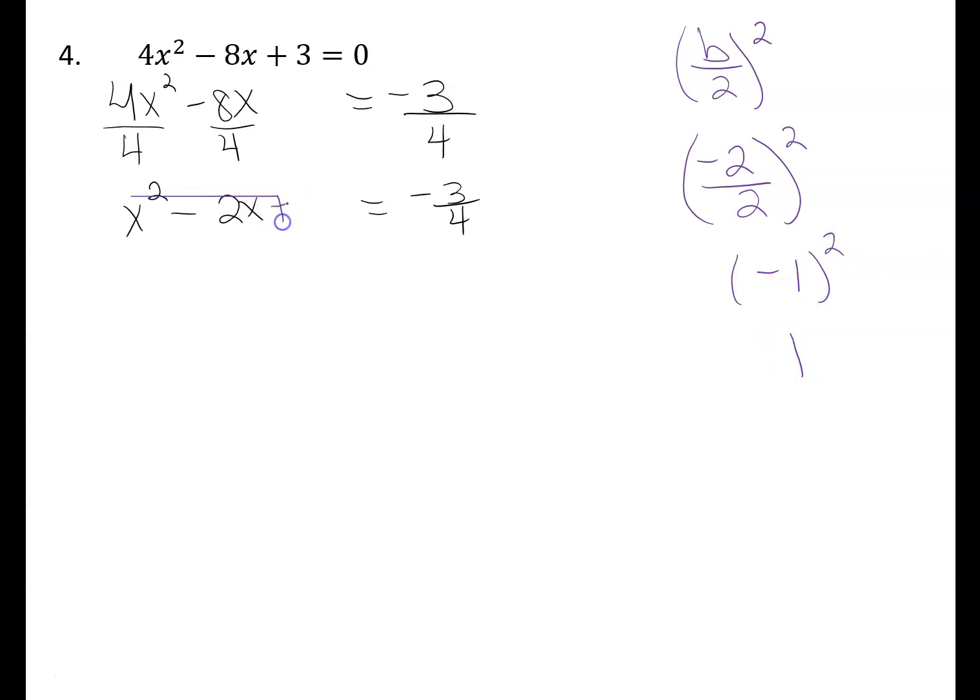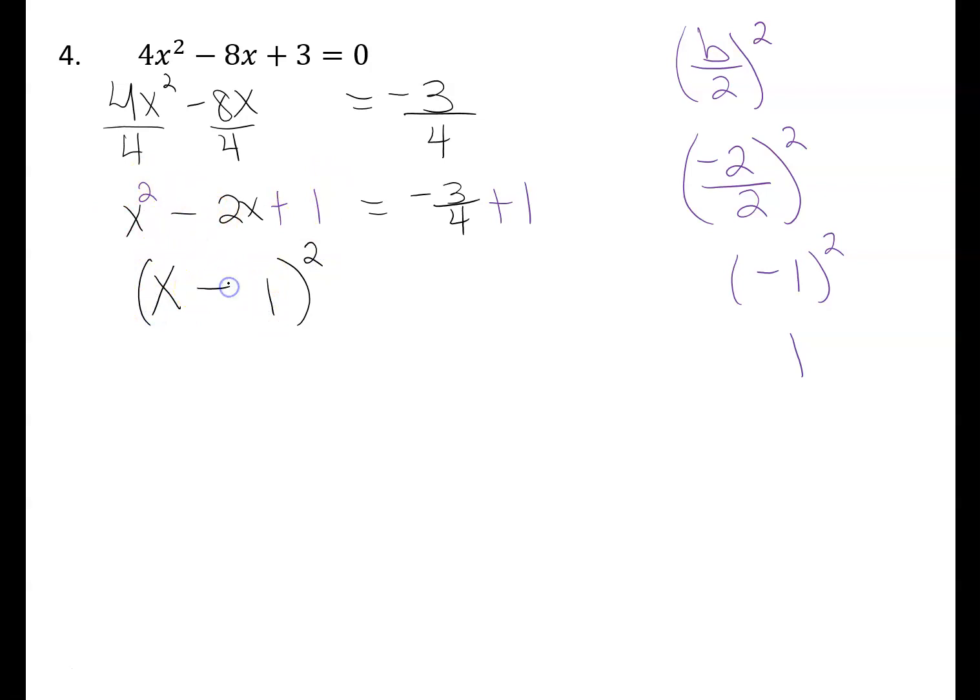So we're going to add 1 to both sides. So we can get rid of that line there, okay. So we have then a perfect square trinomial on the left. Square root of x squared is x, square root of 1 is 1.